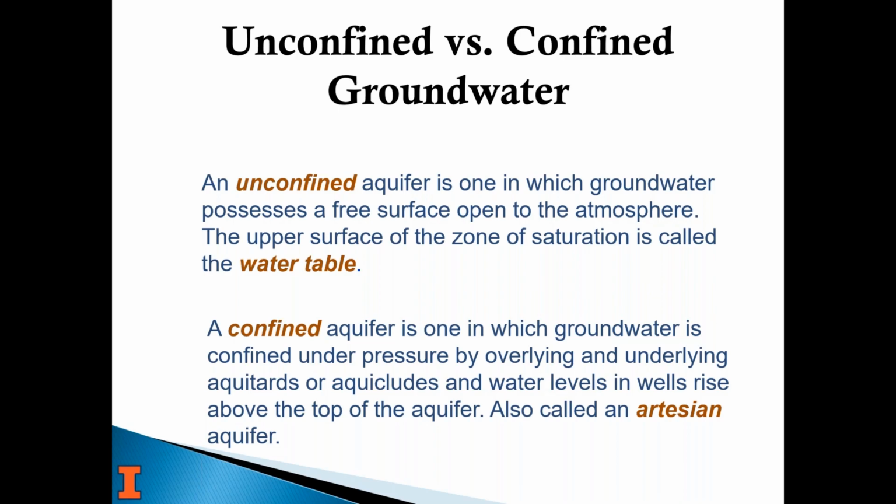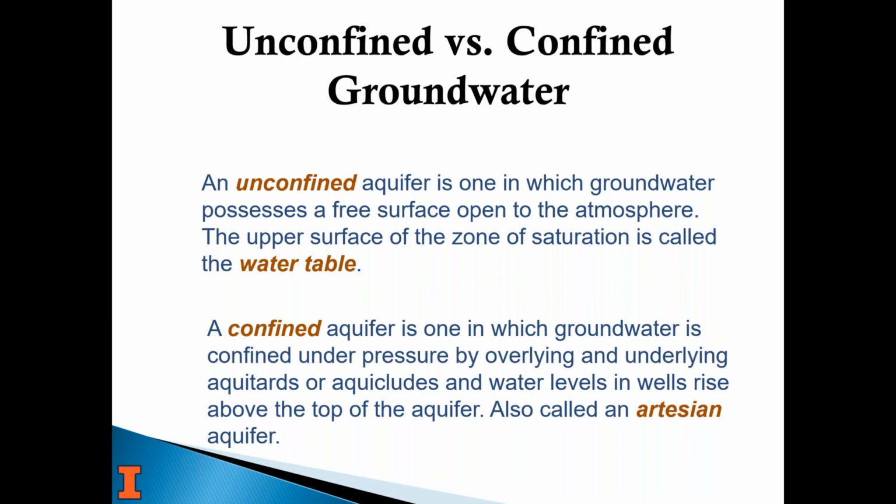The best way to explain that is, the wells that I showed today were all confined because the water level rose higher than the top of the actual aquifer unit. In an unconfined system, the water is down in that aquifer somewhere. Say you have a large glass of ice that represents your sand.